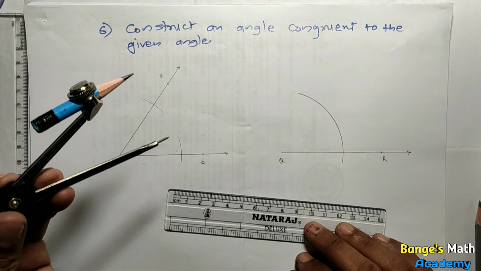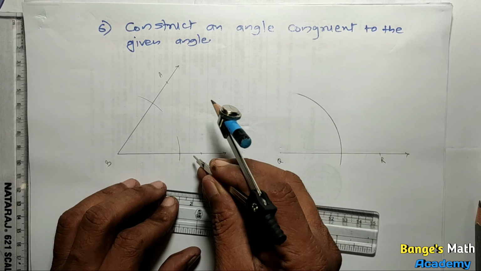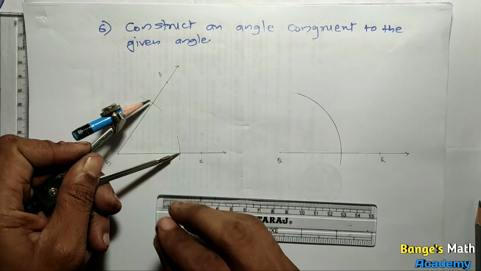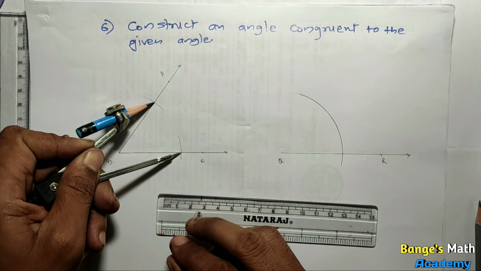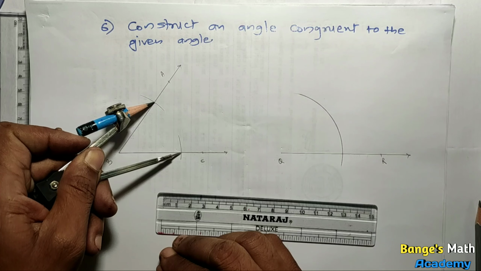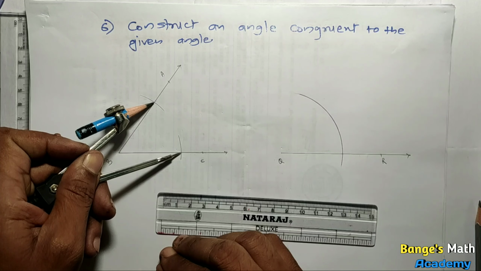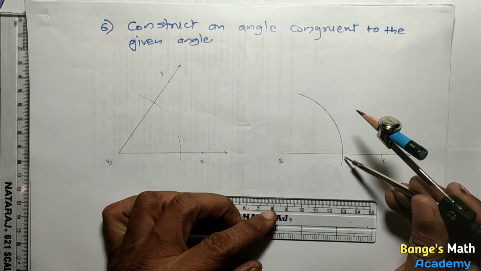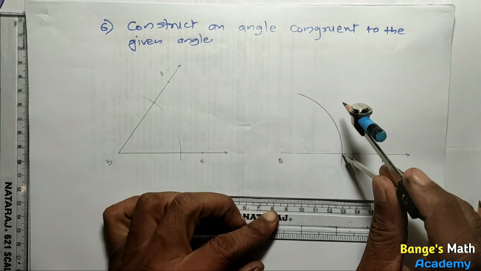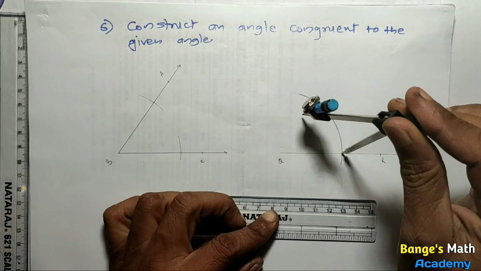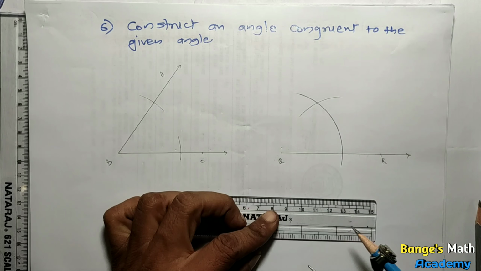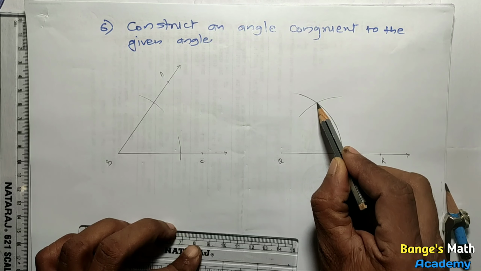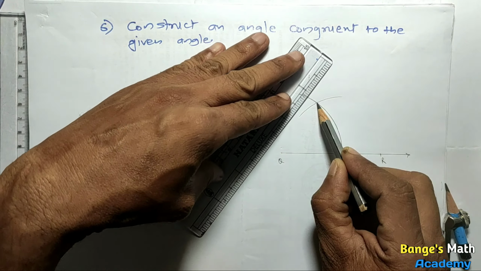Then, with the help of compass, take distance like this and put still point on this point of intersection of arc and ray QR and draw an intersecting arc to this previous arc. Then join point Q and the point of intersection of these arcs with the help of ruler.